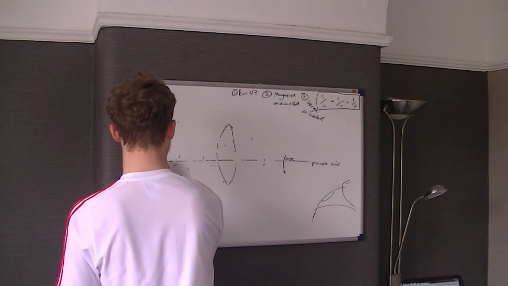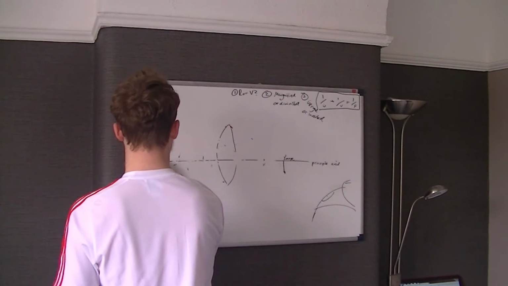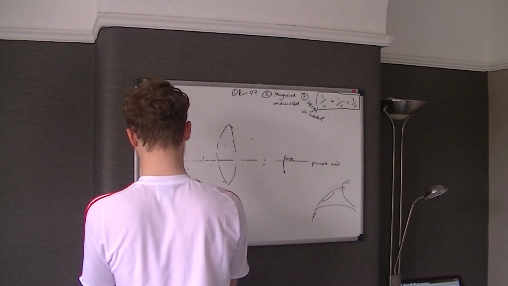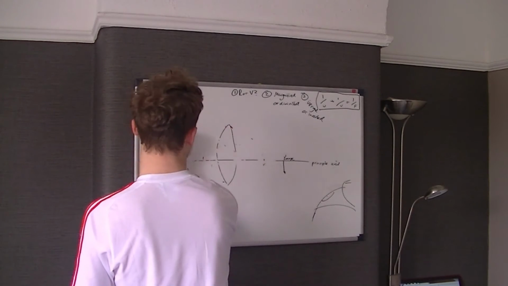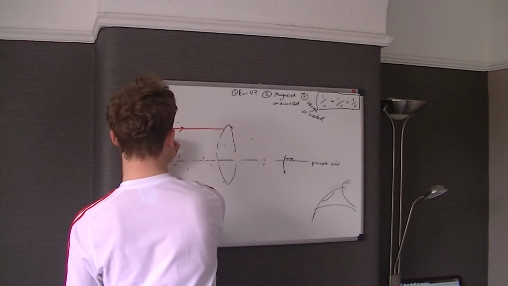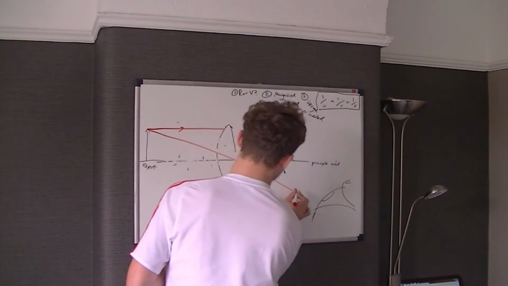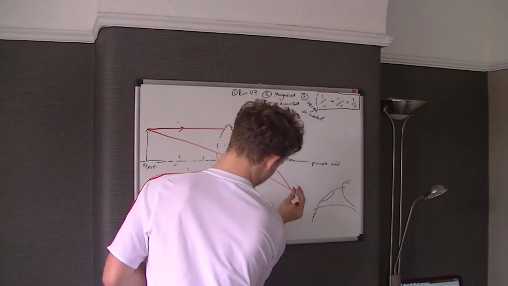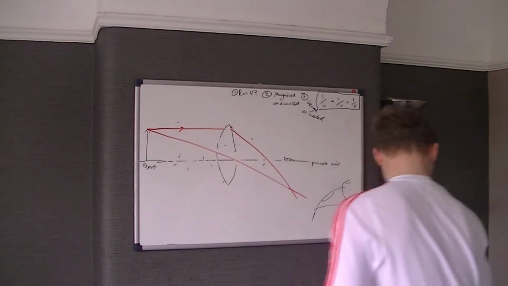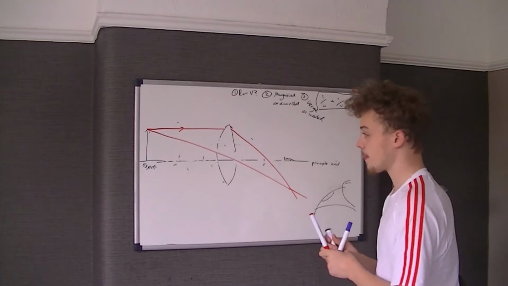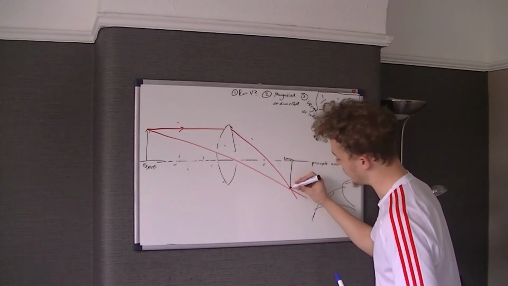You can put the object somewhere over here. And as before, we have a light ray coming from the object hitting the convex lens, and as before, one's going to go through the centre. And we have our image.